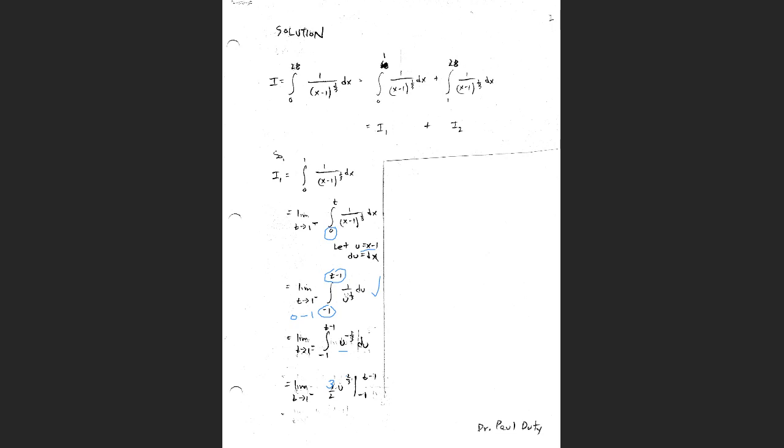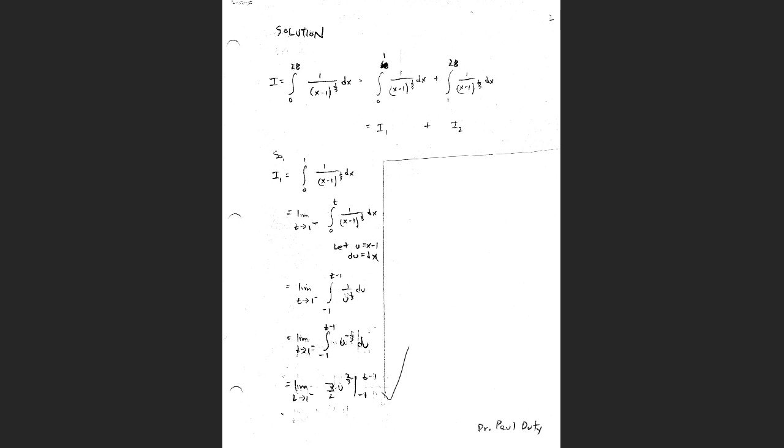Hopefully that's clear enough, but let me know if you're having trouble; you can use the zoom on the right. 3/2 u to the 2/3. Notice that I keep the limit there.